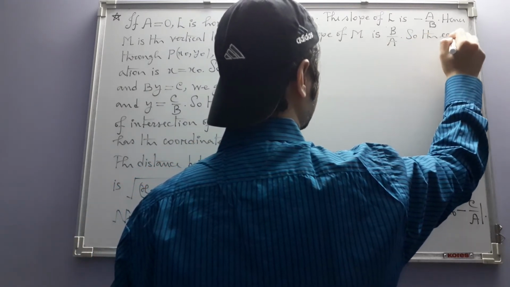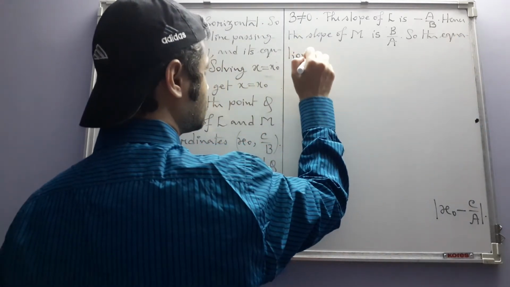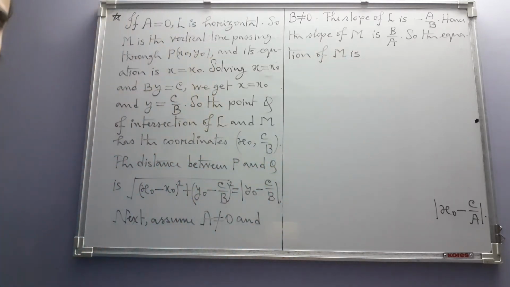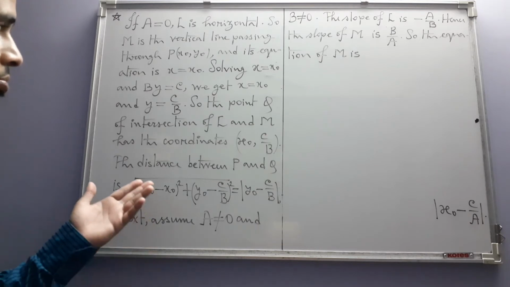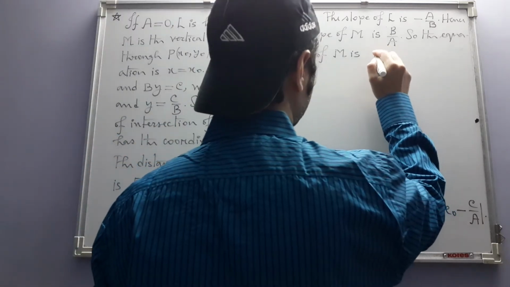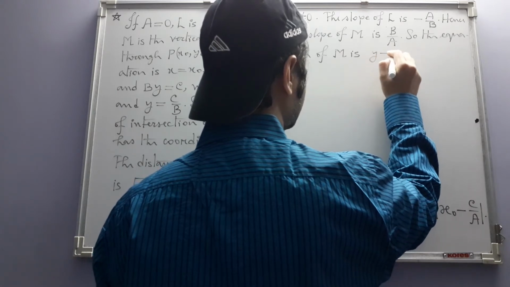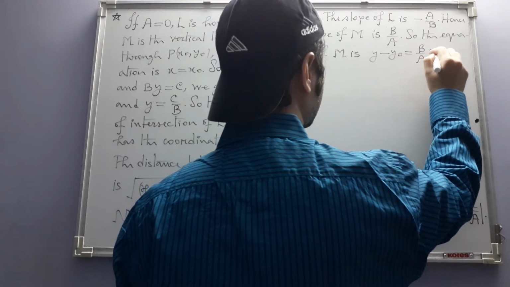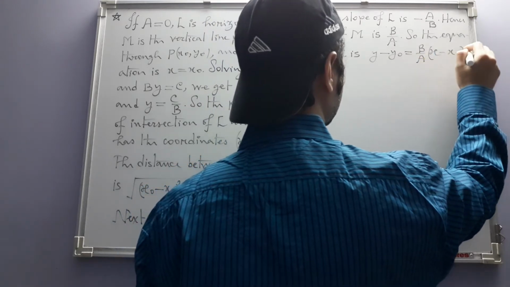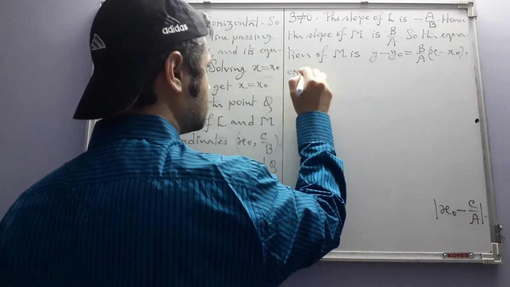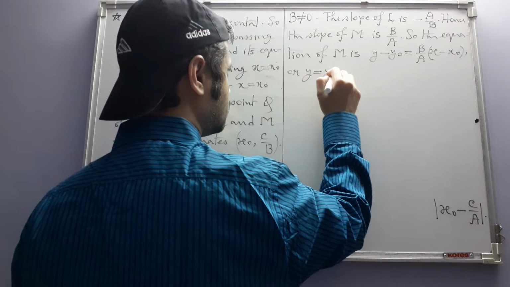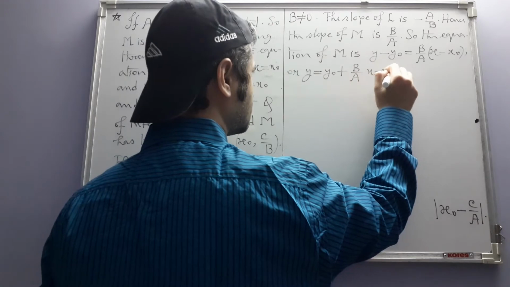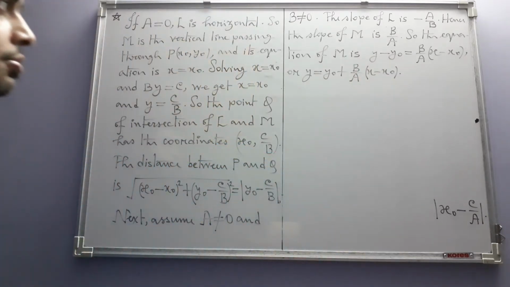So the equation of M is, we know the slope of M, we also know the fact that M passes through the point P, so we can use the point slope form of the equation: y minus y naught equal to b divided by a times x minus x naught, or y equal to y naught plus b divided by a times x minus x naught.